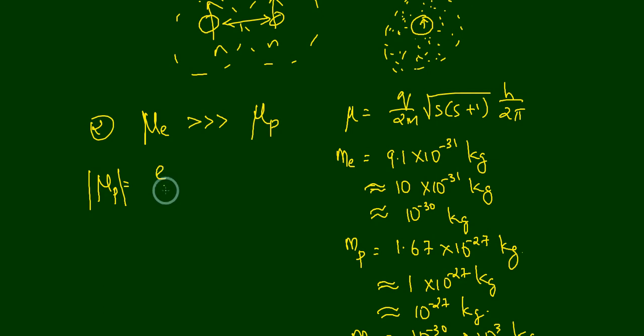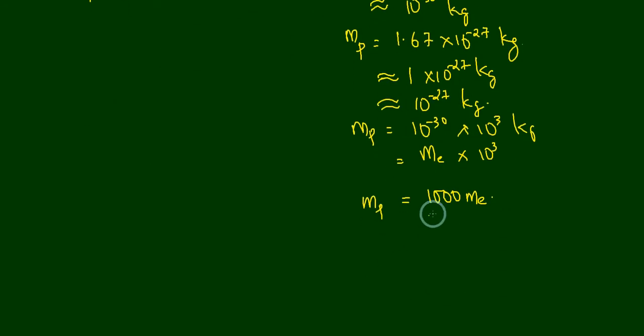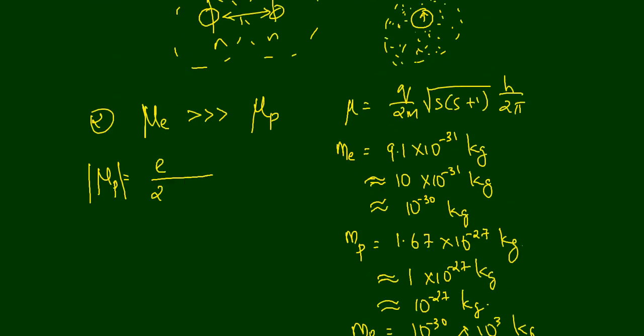So it is e divided by 2 into Mp. What is Mp? Mp is equal to me into 1000. So instead of writing Mp, I can write 1000 into me.